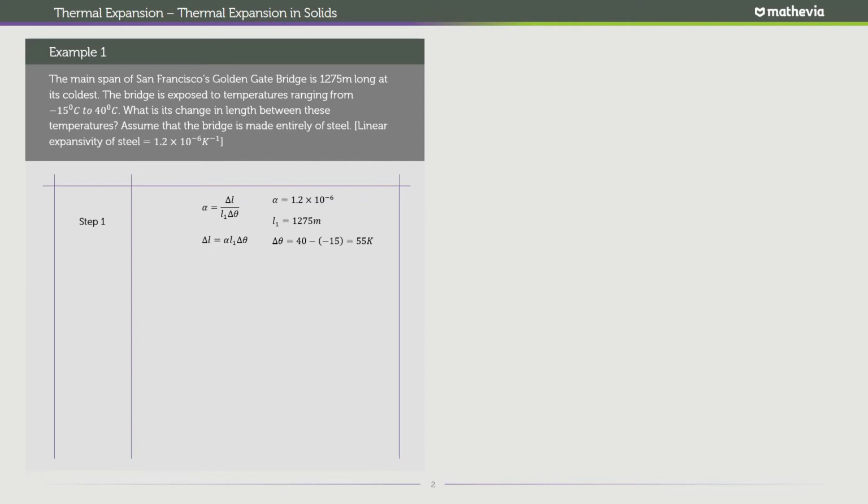Okay, basically 273 plus minus 15. And we do the same with 40 degrees Celsius. We'll end with 273 plus 40, which should give you 313 Kelvin.